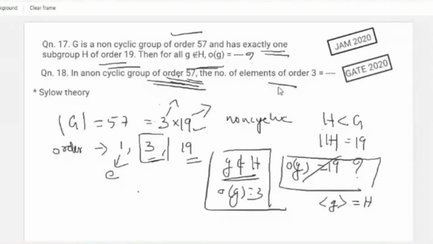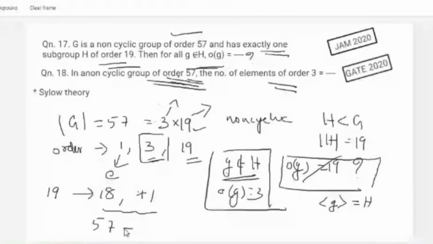So the number of elements of order 19 is 18. The identity has order 1, and all other elements have order 3. So how many elements are there? 57 minus 19 elements are there. It is 38. Yes, there are 38 elements of order 3.